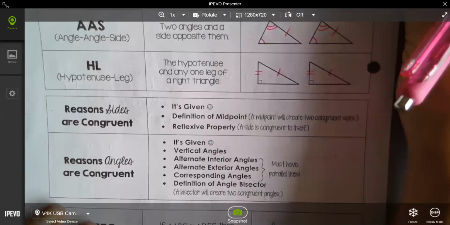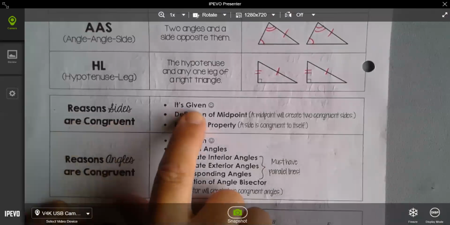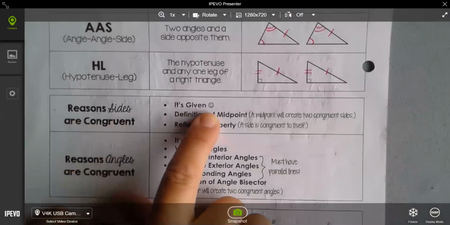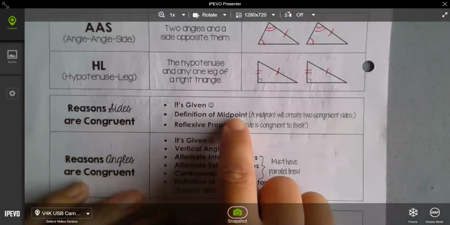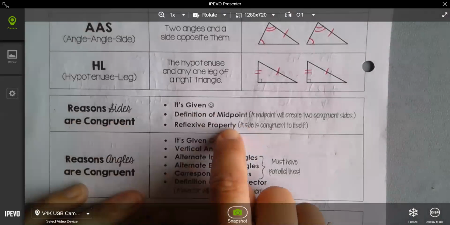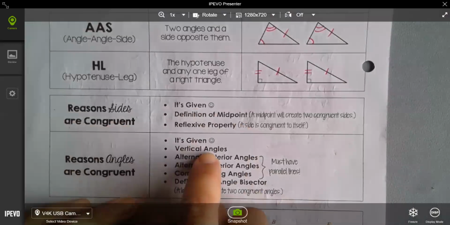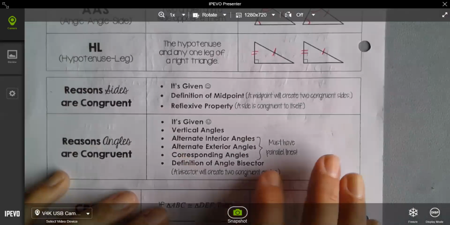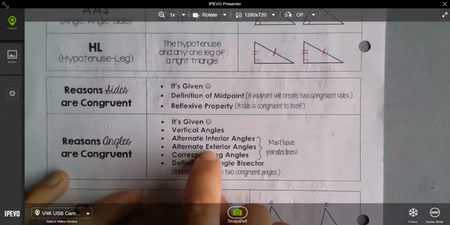And we've seen these nice reasons popping up, right? Our reasons are because it's given. That's my favorite one. That's why there's a smiley face there. We've used the definition of midpoint a lot. We've used the reflexive property a lot. We've used vertical angles a lot. We've used alternate interior. I haven't used an alternate exterior, but it's possible that it could pop up.